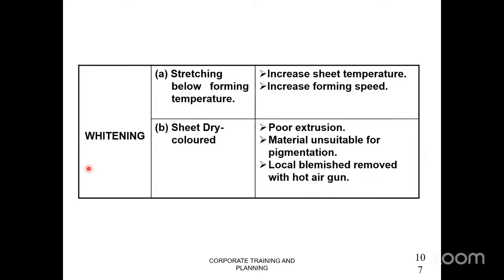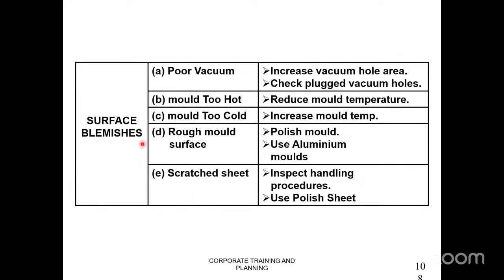You are stretching that material, maybe by the plug or by a pin, therefore you are stretching below forming temperature. The temperature is not at the softening temperature. Therefore, increase the temperature, increase the forming speed. A dry sheet color can also cause the whitening. The surface dismisses.